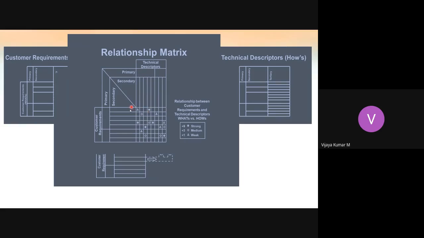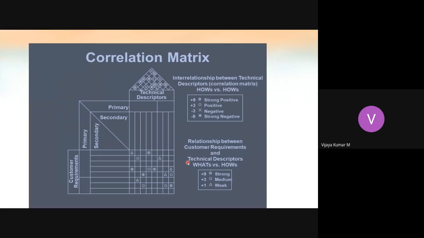In this way, you have to develop your relationship between customer requirements and the technical descriptors. It is a relationship between what's and how's. After identifying all of these, up to here we developed this L shape.